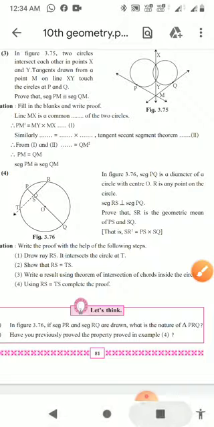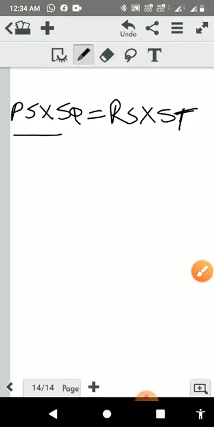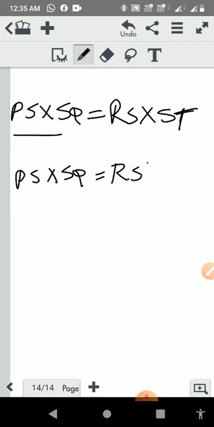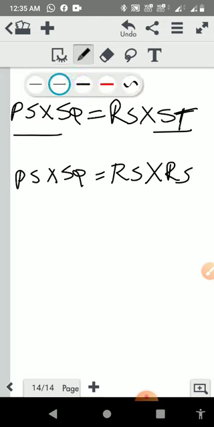So I will keep PS into SQ as it is, and I will put RS as it is, and instead of ST I can write RS. So I get PS into SQ equal to RS square.